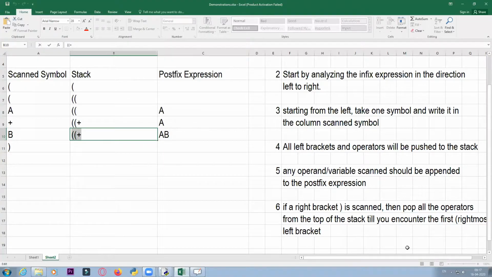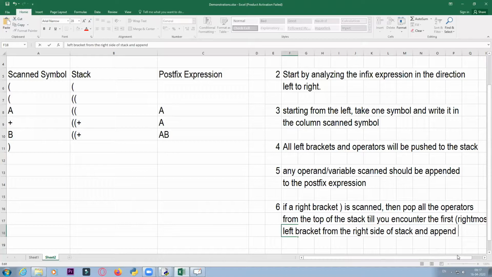So pop all the operators from the top of the stack till you encounter the first rightmost, that is first left bracket from the right side of stack, or we can also say from the top of stack, and append the operator to the postfix expression.